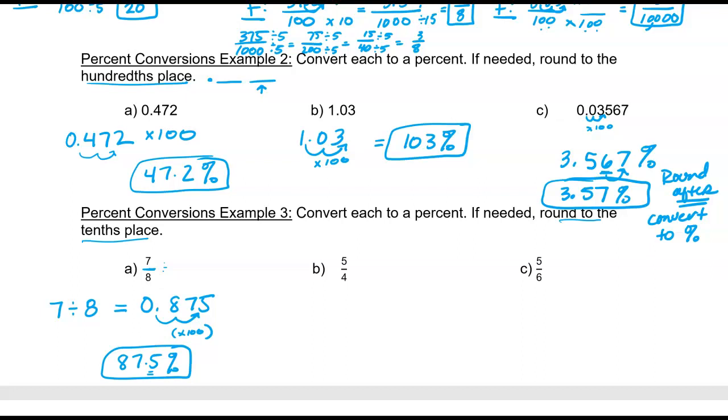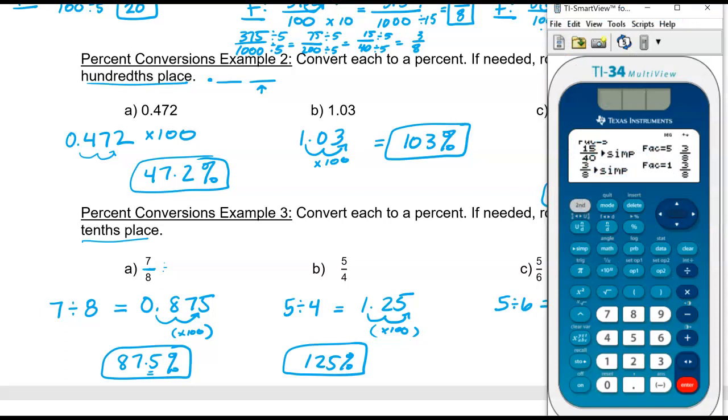For this next one, 5/4, we take 5 divided by 4 in a calculator. We get 1.25, and then we take the decimal and move it 2 spots to the right, or multiply it by 100, and we get 125%. Again, no need to round this one since there is no tenths place. And then 5/6, we take 5 divided by 6. In this one, I want to show you what it looks like in the calculator.